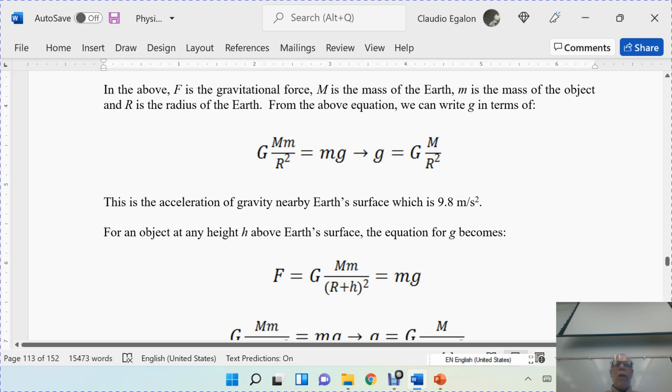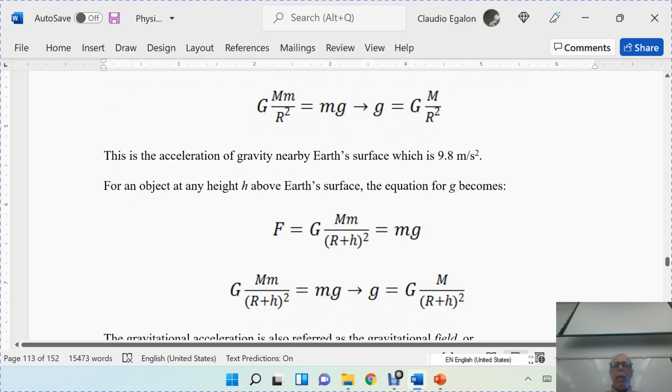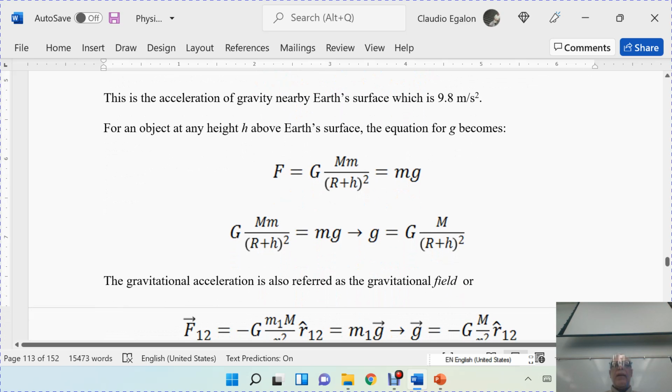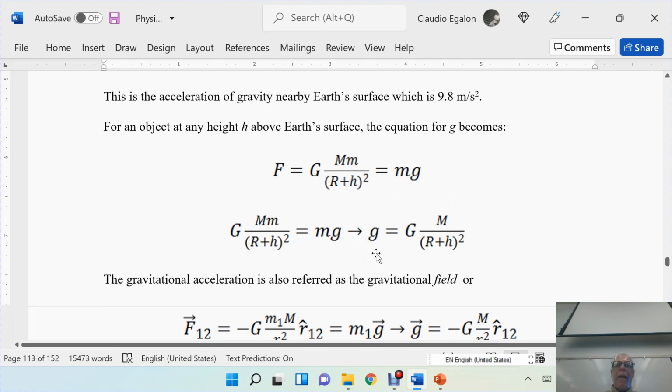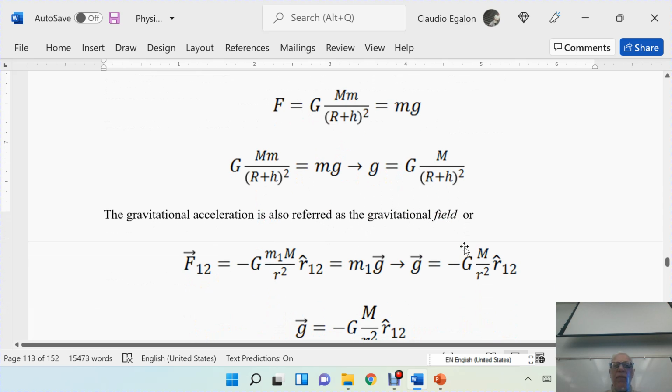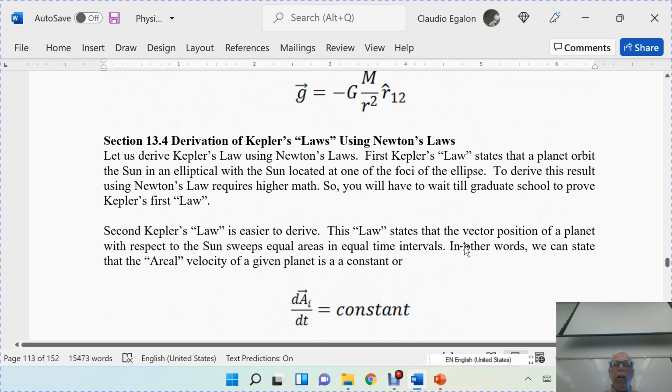As we move away from the Earth's surface, the acceleration of gravity decreases slightly. Consequently, the weight of the individual also decreases slightly. And that's what you end up getting for the acceleration of gravity. Let me see if I have some values here. I don't have a value, unfortunately.